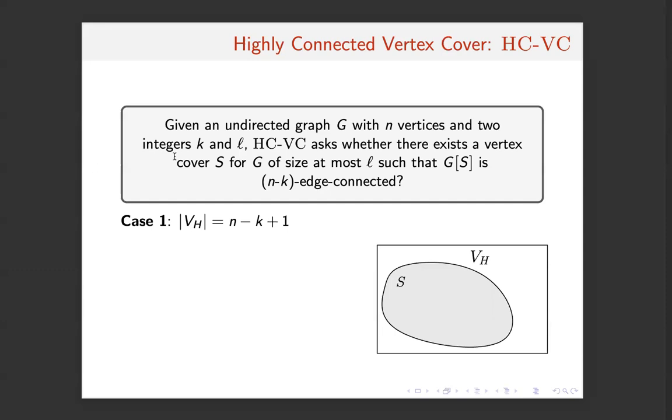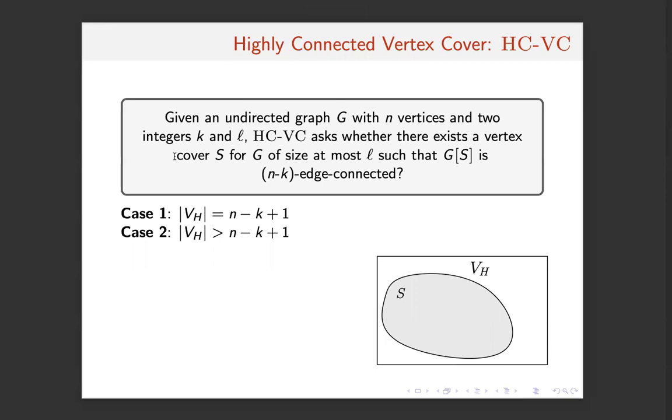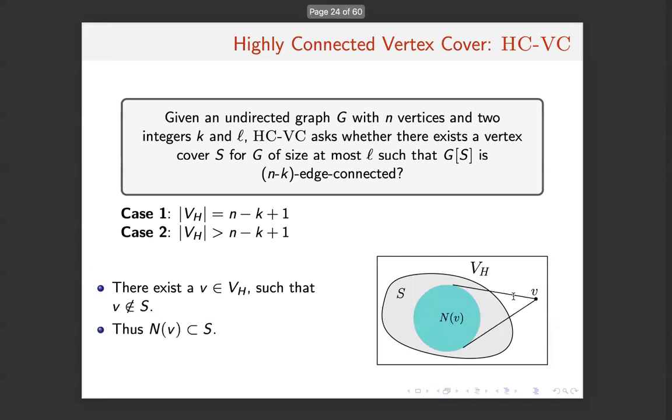So let's now concentrate on the other case, when the cardinality of VH is greater than N minus K plus 1. In this case, we can guess whether there exists a vertex V which is outside the solution. As we are solving the vertex cover problem, if V is not in the solution, then all the neighbors must be in the solution.